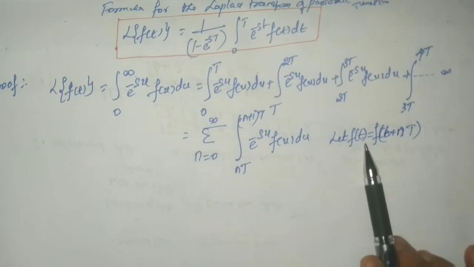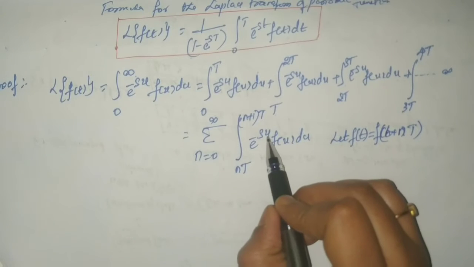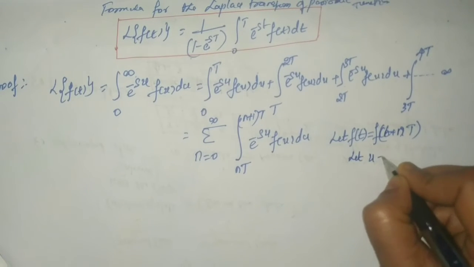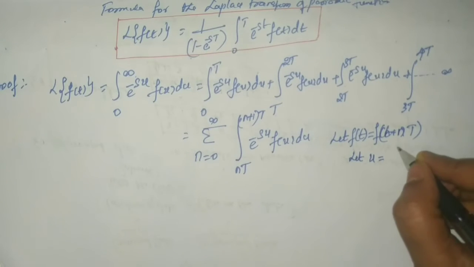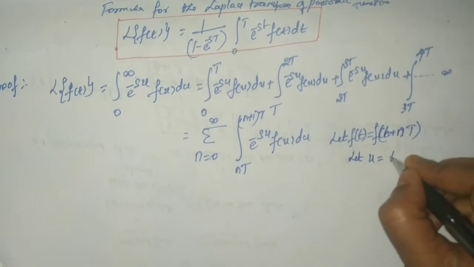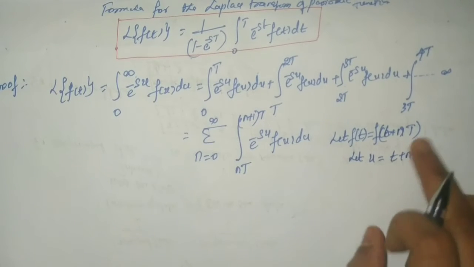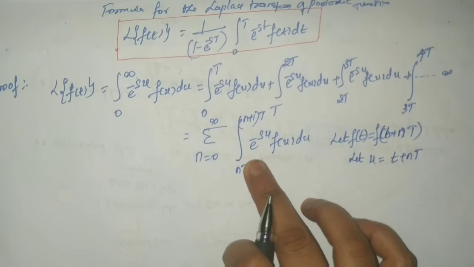As we know, f of t is equal to f of t plus nT. So we are taking u as the period here. Let u be written in terms of the period, so u is equal to t plus nT. This we are going to substitute in our formula.